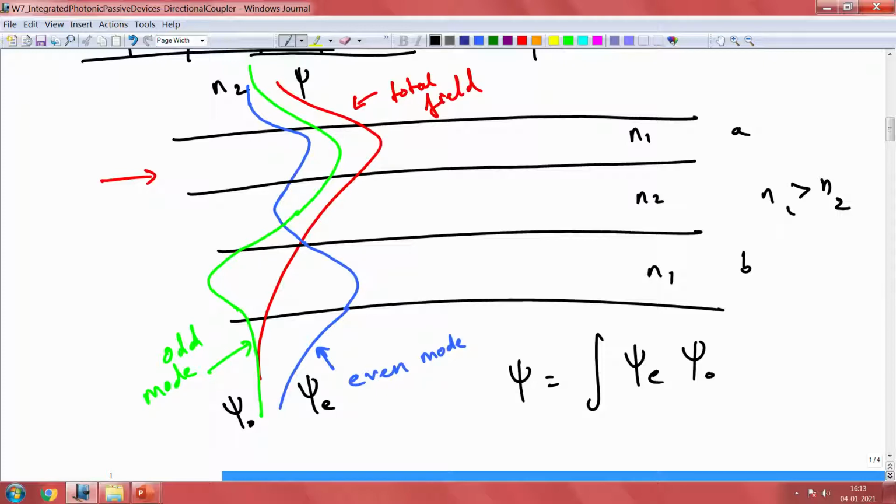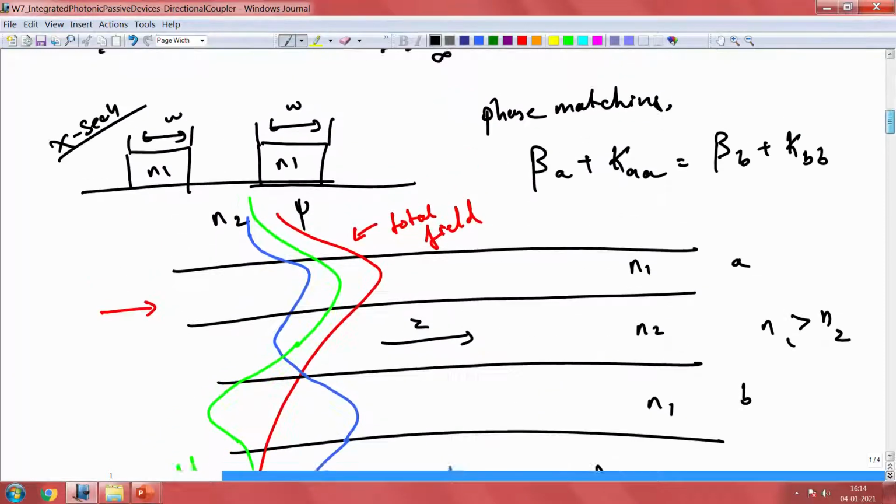Similarly, you could have a field here in B. As it propagates through this particular waveguide system, you could have evolution of this. After passing through a certain length, you are going to have beating between these two.